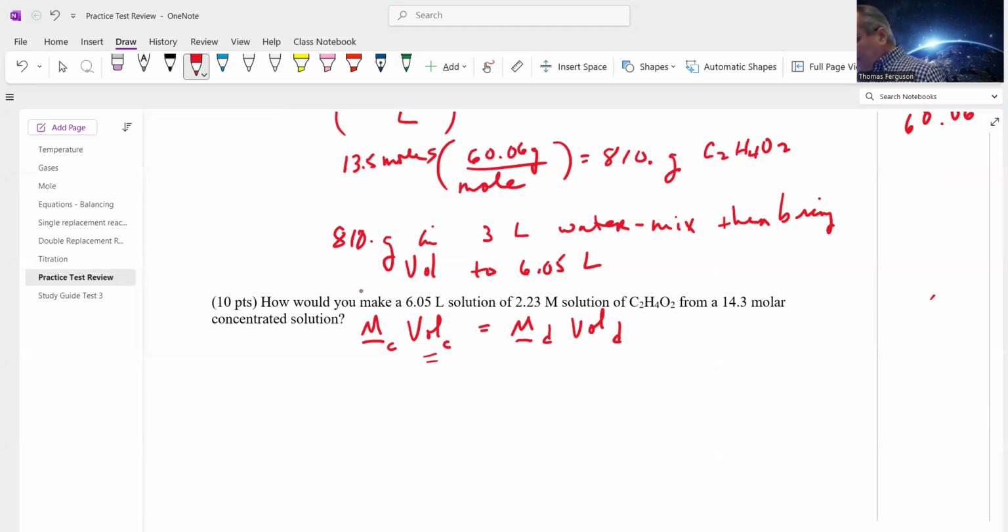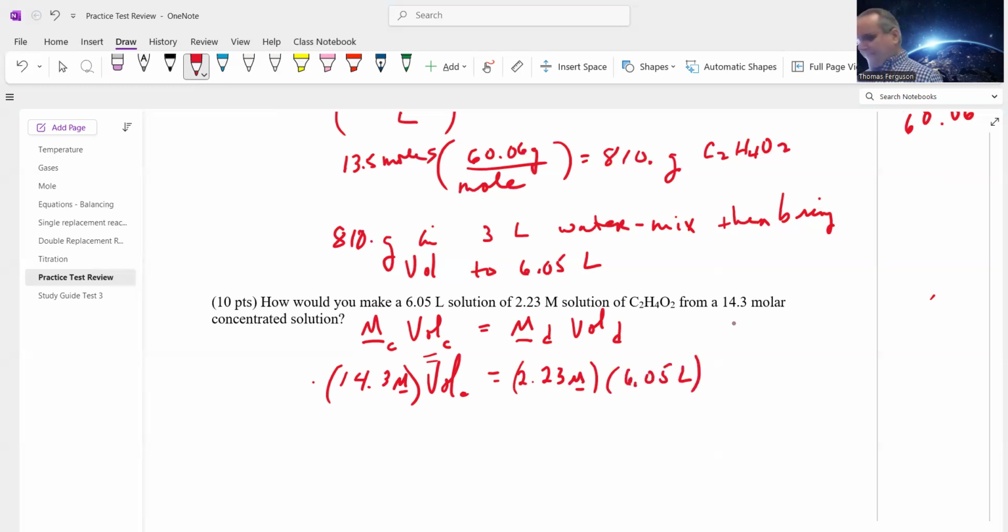Okay, so we're looking at, on the left is the concentrated side, 14.3 molar times the volume, which we don't know. And then on the dilute side, we're looking at 2.23 molar times 6.05 liters.